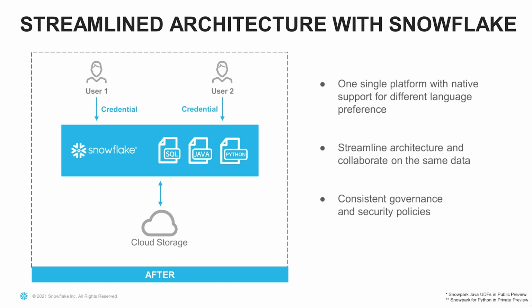We can make this all much simpler and run this entire pipeline within Snowflake. A singular platform will help us provide more governance and control over the data, and it will also make our developers' lives easy.